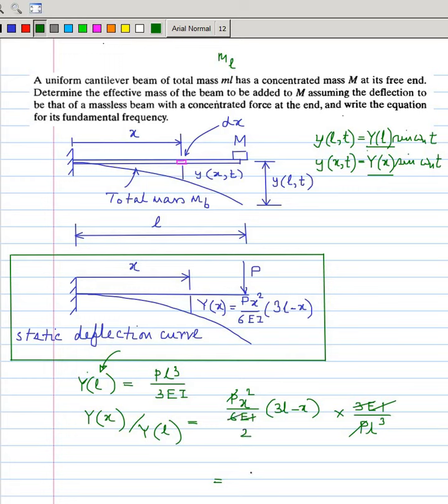So this is x square (3L minus x) divided by 2L cube.